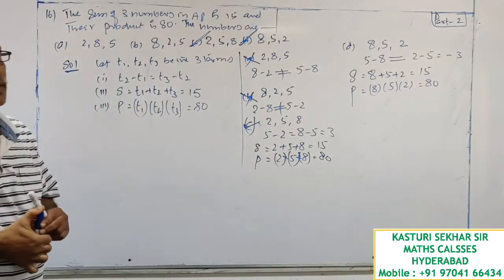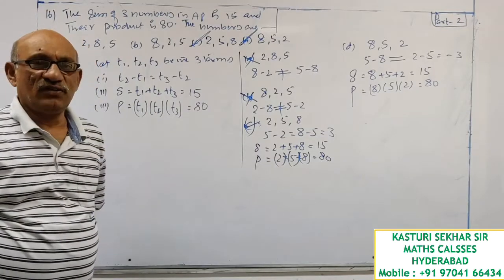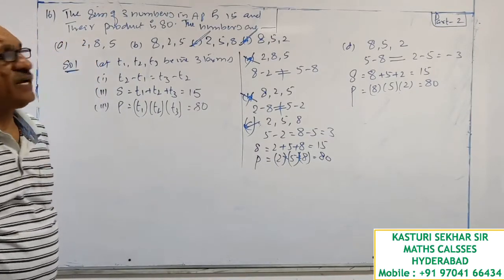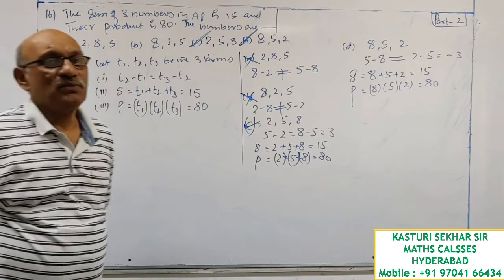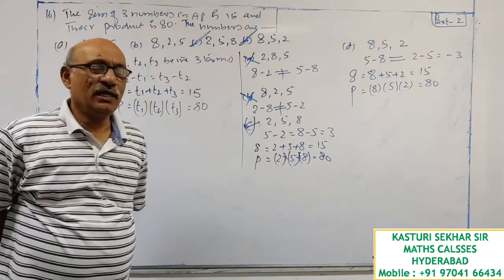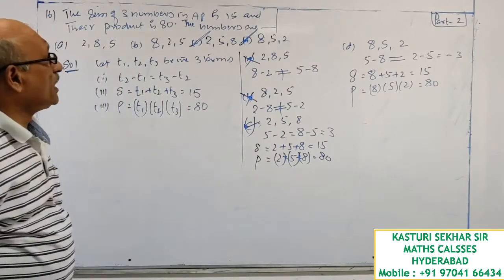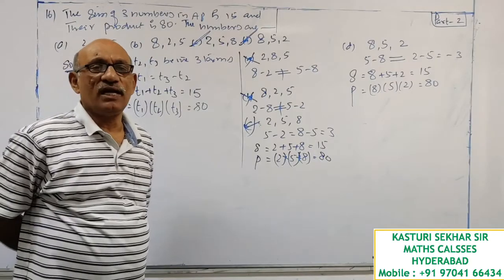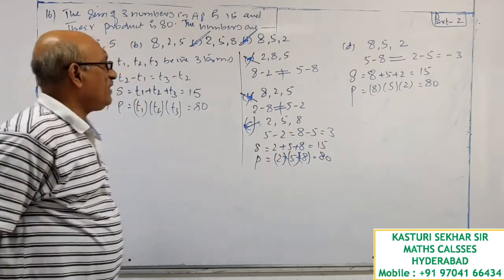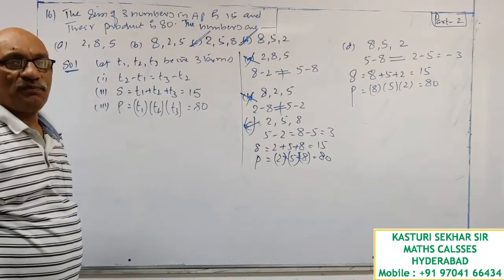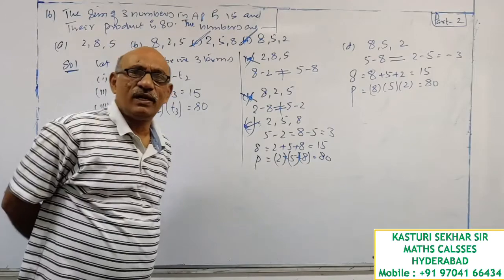This is verifying the question through options. Certain conditions are given in the question. What are the conditions? The three terms are in AP, first condition. Their sum is equal to 15, second condition. Product is equal to 80 is the third condition. So verifying the three conditions through options: for option A and option B, common difference is not equal.